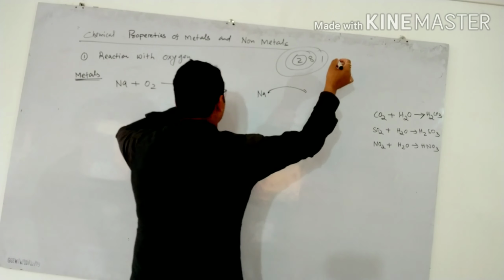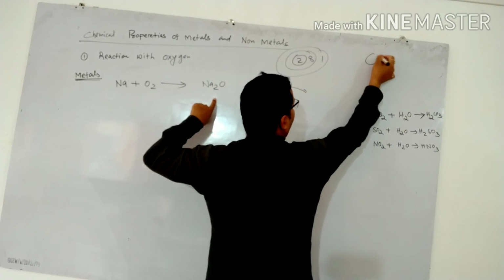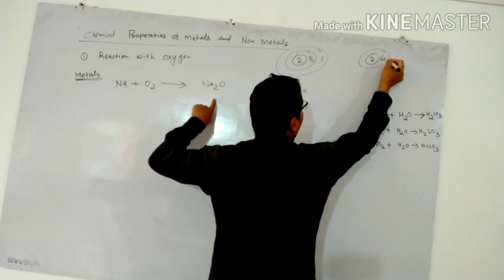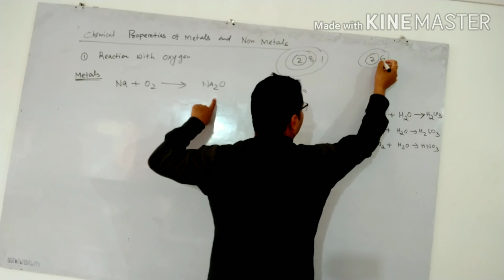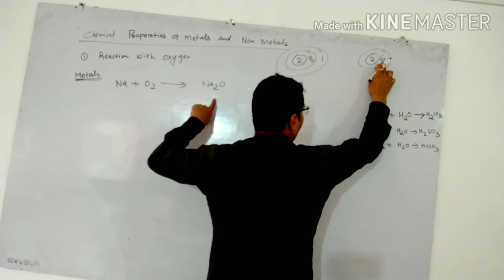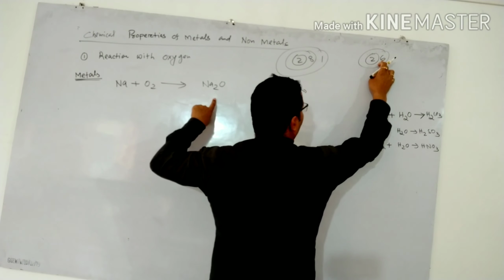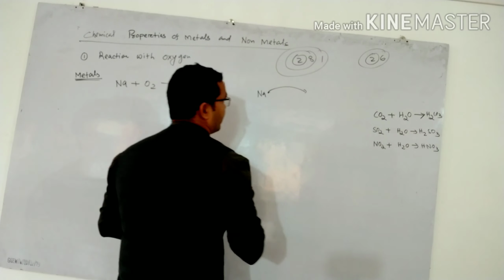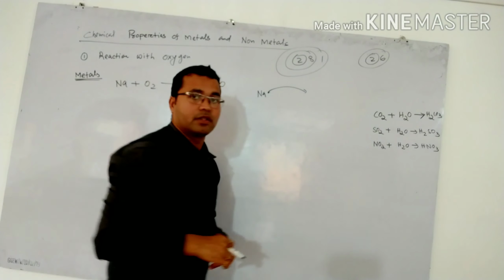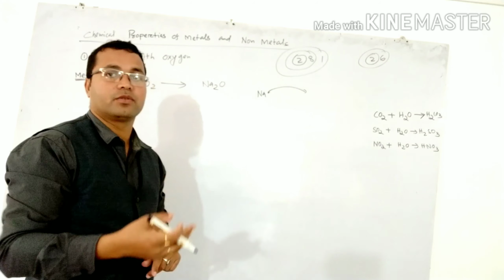But the electronic configuration of oxygen is 2, 6. The atomic number is 8. So the number of electrons in the outermost shell of oxygen is 6. So oxygen can gain 2 electrons because oxygen is a non-metal. When it reacts with a metal, it wants to gain electrons.